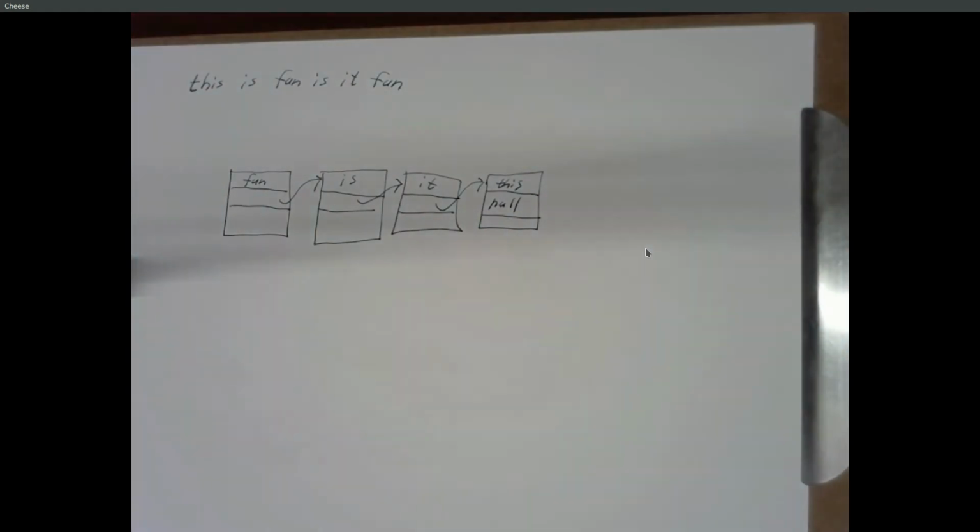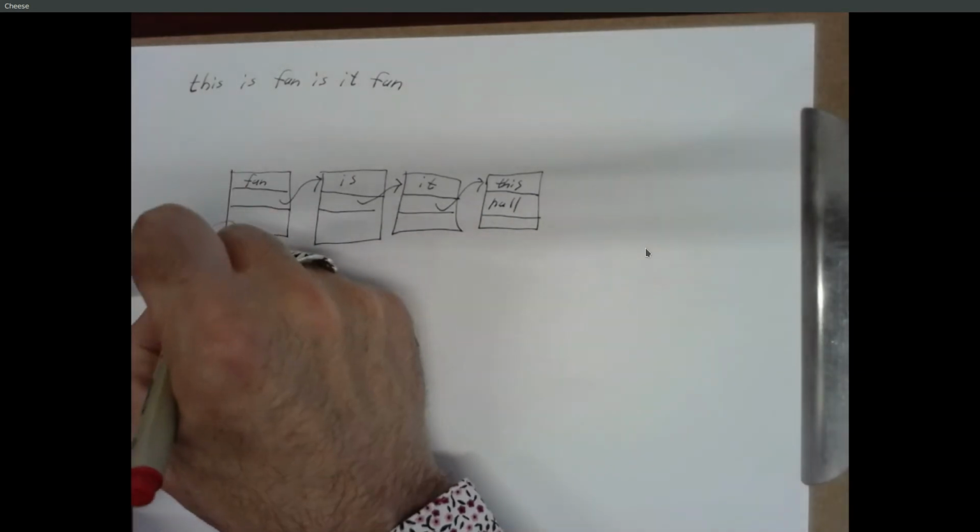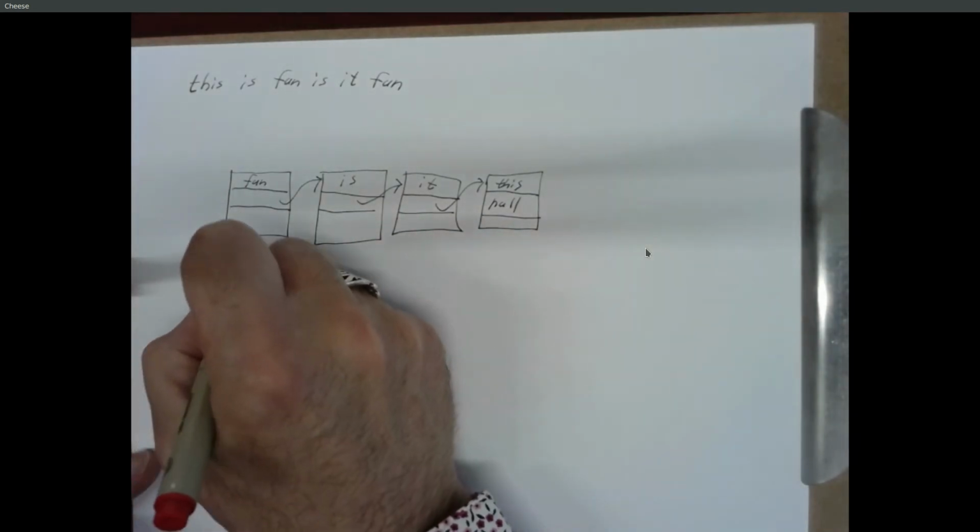Four nodes. Last node points to null, so that's the end of the list. And this third field down here actually points to a linked list.